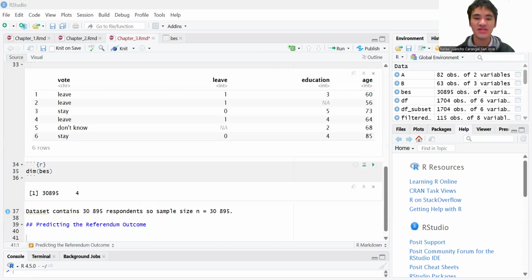So hopefully, if the sample of respondents in the BES survey is representative of all eligible UK voters, then we can use the proportion of individuals' characteristics in the sample as good approximations of the proportion of individuals' characteristics in the entire population. So the idea here is that the data that we got is actually not the whole population.